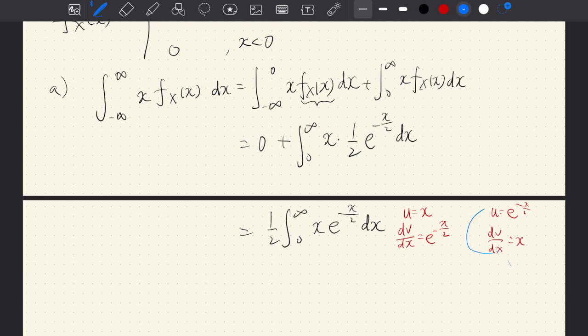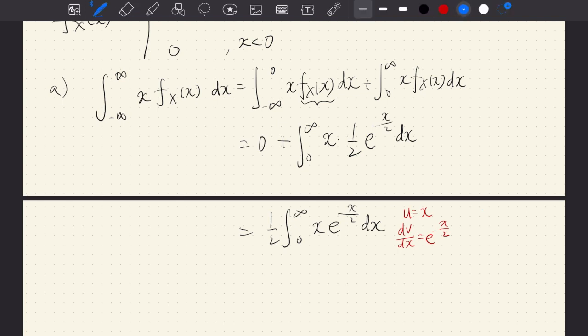However, this choice is not wise, because when you differentiate u, it becomes negative 1/2 e^(-x/2), which is not simpler. And if you integrate x, you get 1/2 x squared, which is more complicated. So this is not getting us anywhere.